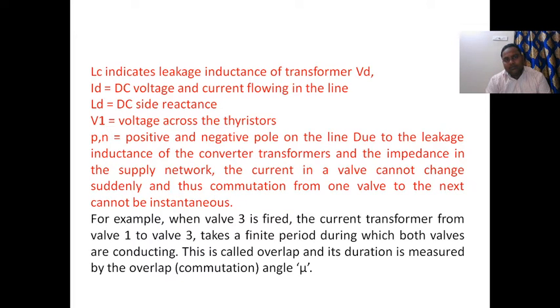But in the commutation or overlap period, in the positive group two thyristors conduct at a time. In the positive group thyristors 1 and 3 are conducting, in the negative group thyristor 2 is conducting. There is an overlap of 1, 2, 3 at a time.